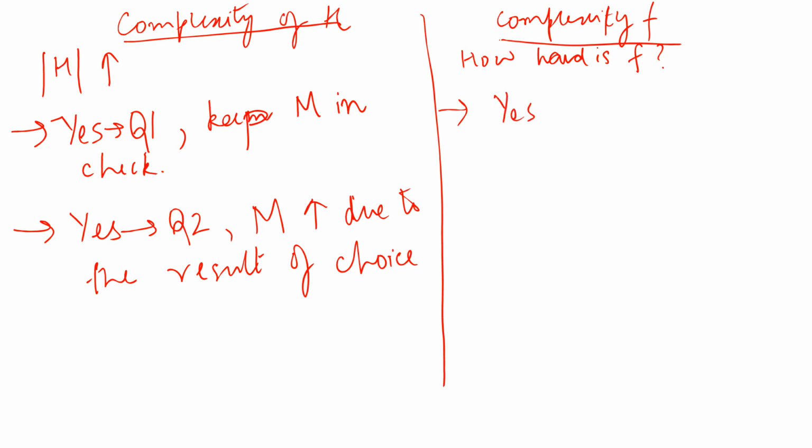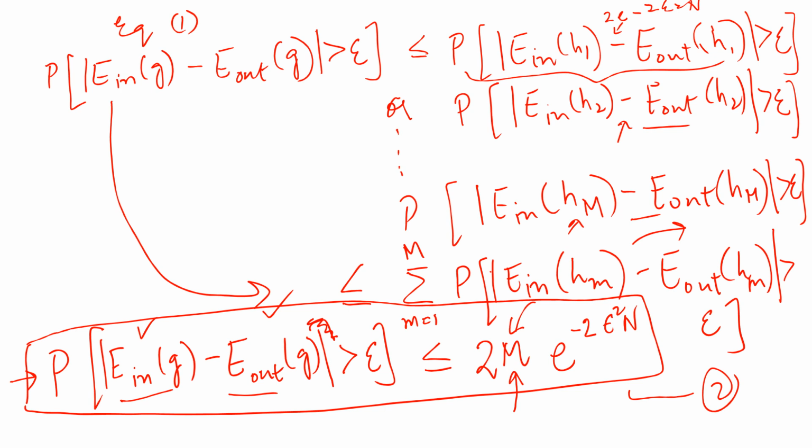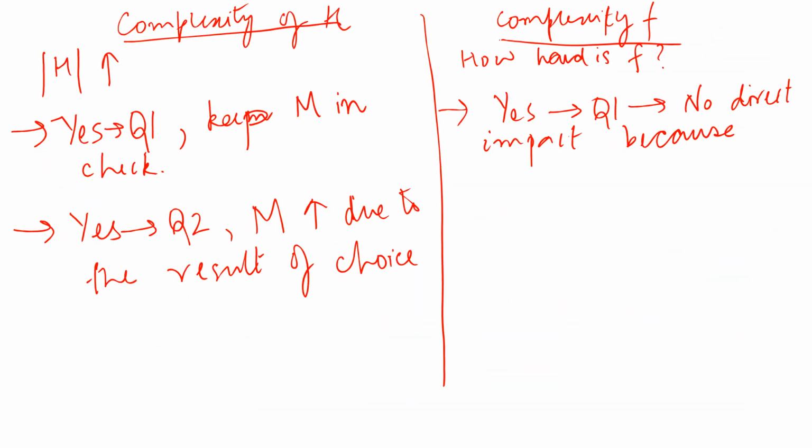If I say a yes or a no to question one, there is no direct impact, because if you look at Hoeffding's inequality, we don't have an explicit f there. I don't have it in my equation. It's as simple as that.